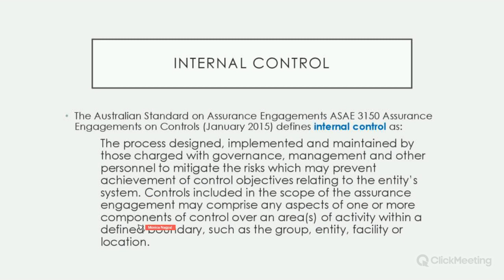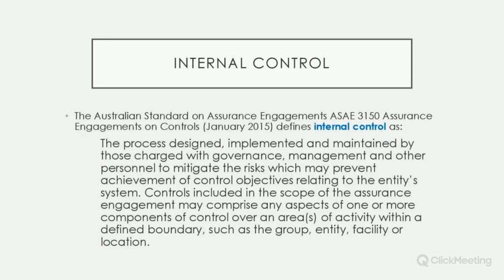Controls included in the scope of the assurance engagement may comprise any aspects of one or more components of control over the areas of activity within the defined boundaries, such as group, entity, facility, or location. Very complex definition. You don't have to worry too much about it.